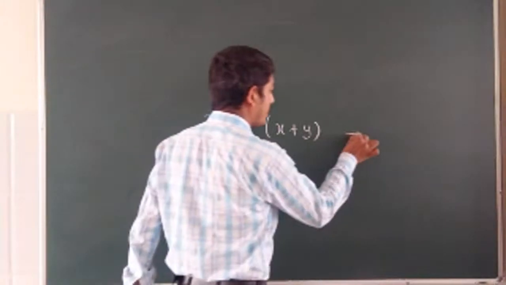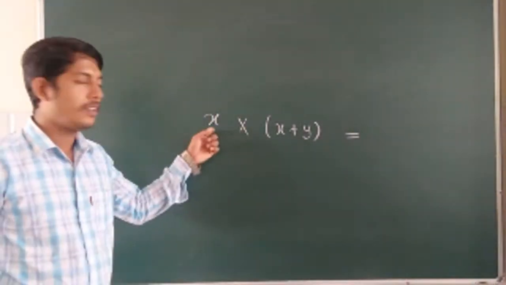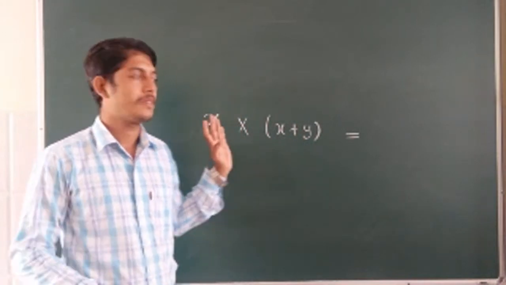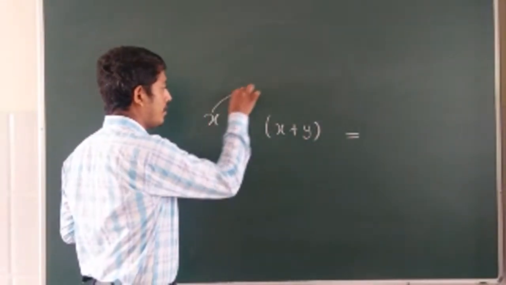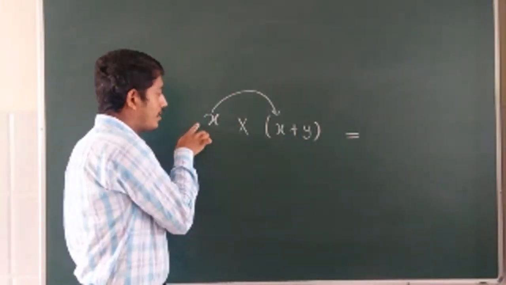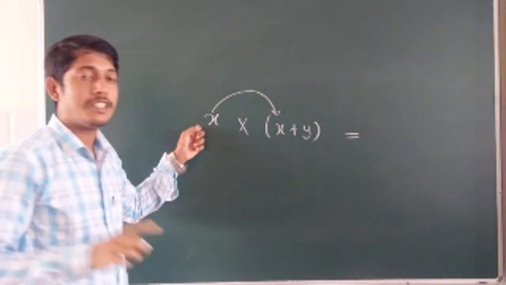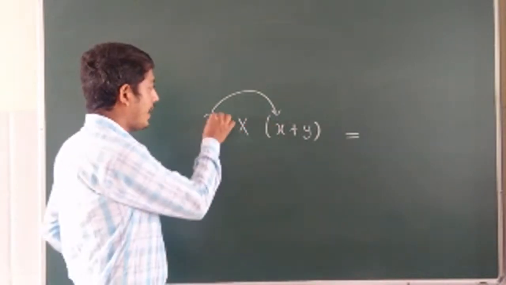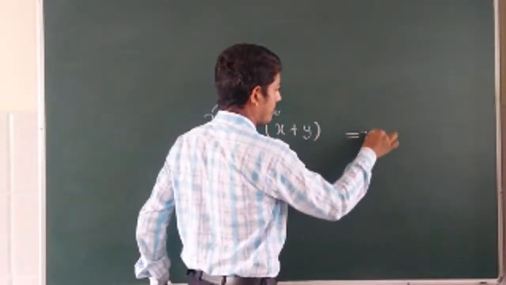In this case, we have to multiply the monomial to each term of the binomial, along with the sign. Here there is no sign, which means it is positive. Plus into plus, plus. x into x, x².